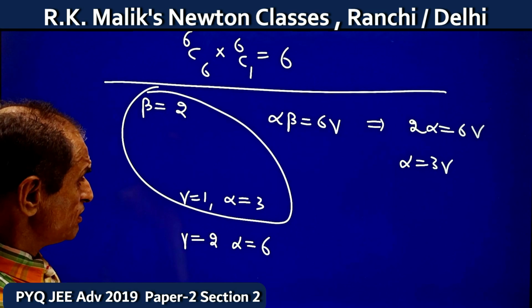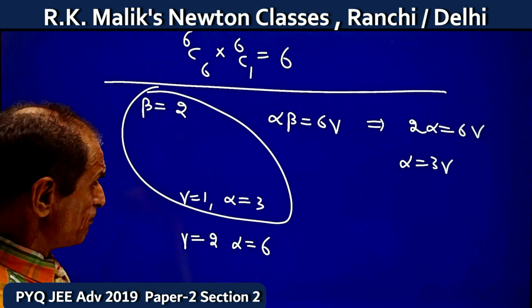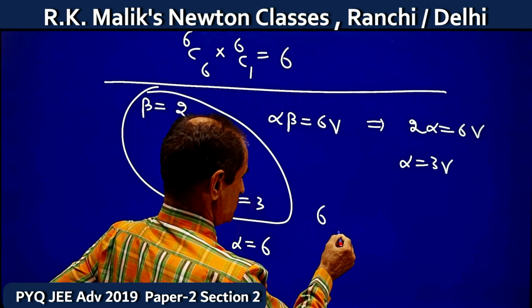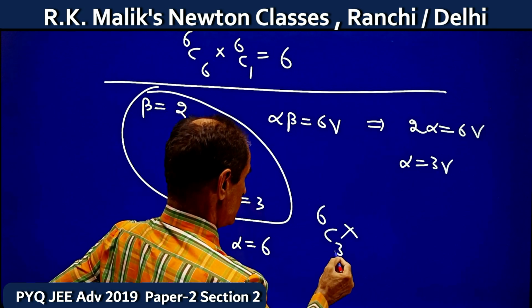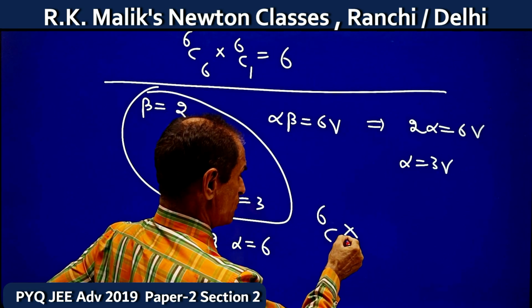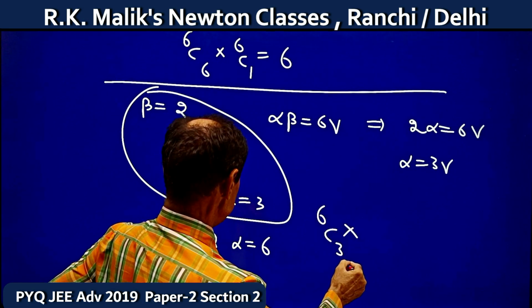Hence, the number of ways in which sets A and B can be made is 6C3. This is the number of ways in which the set A can be made.